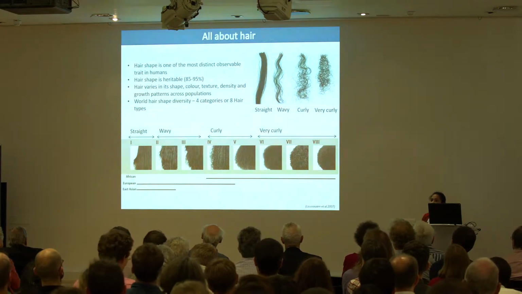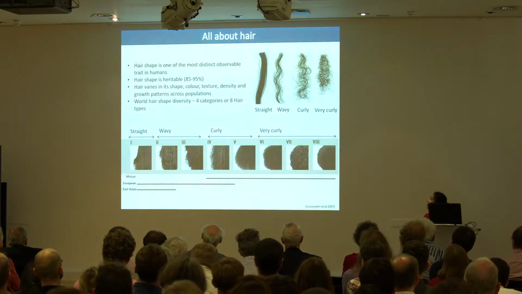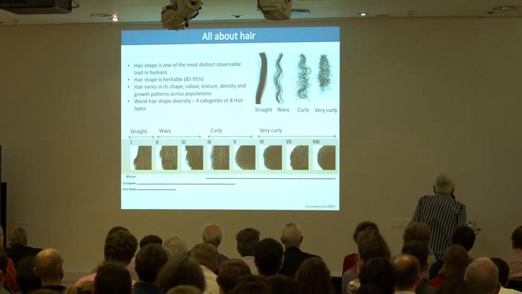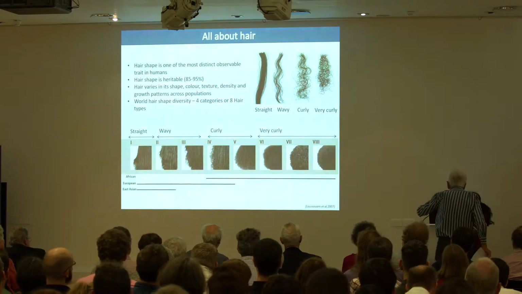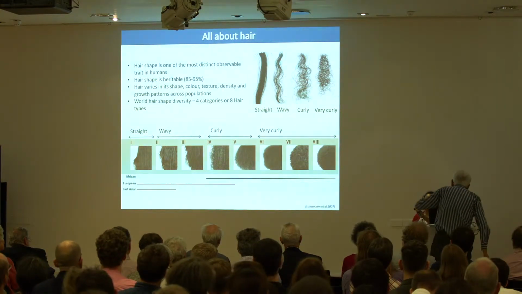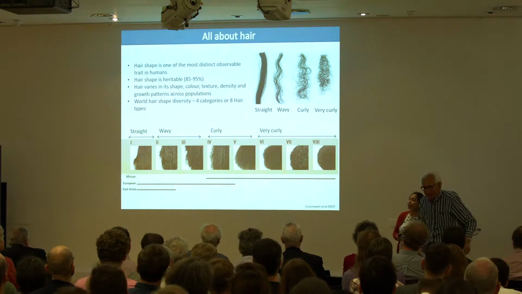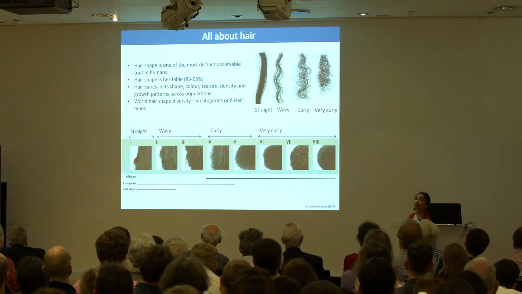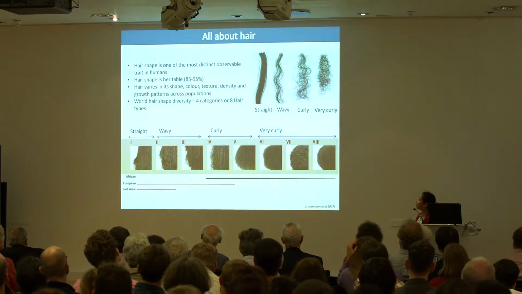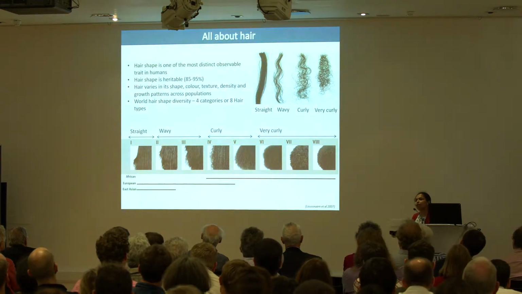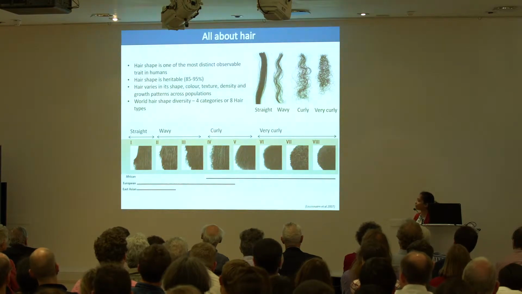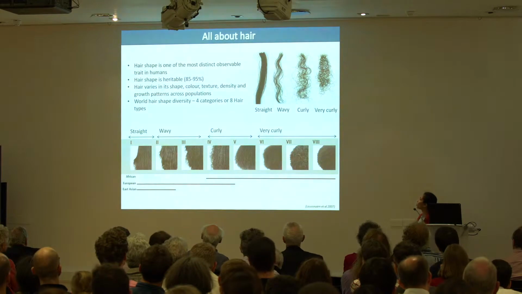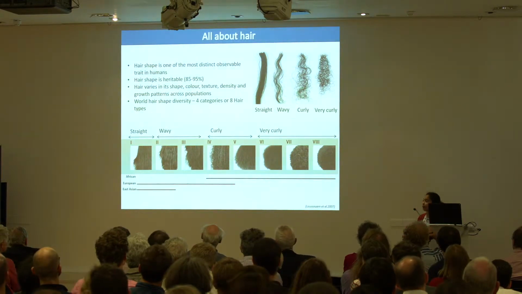What is interesting is that hair shape is quite heritable, which means it gets passed on through generations. And if we classify the world's hair diversity, we can broadly categorize it into 4 main categories: straight, wavy, curly, and very curly.